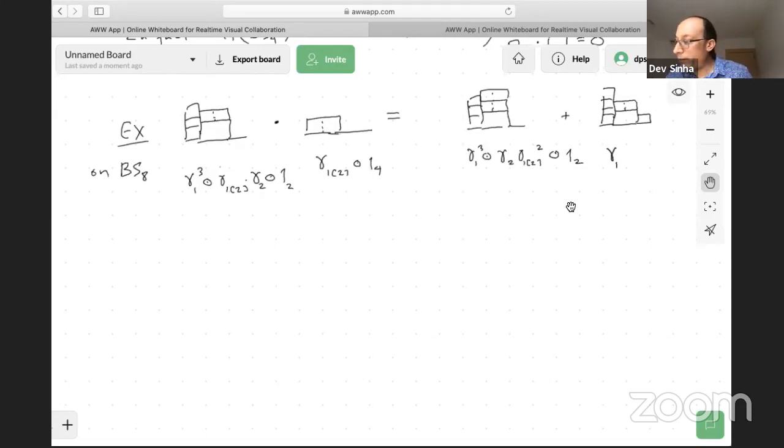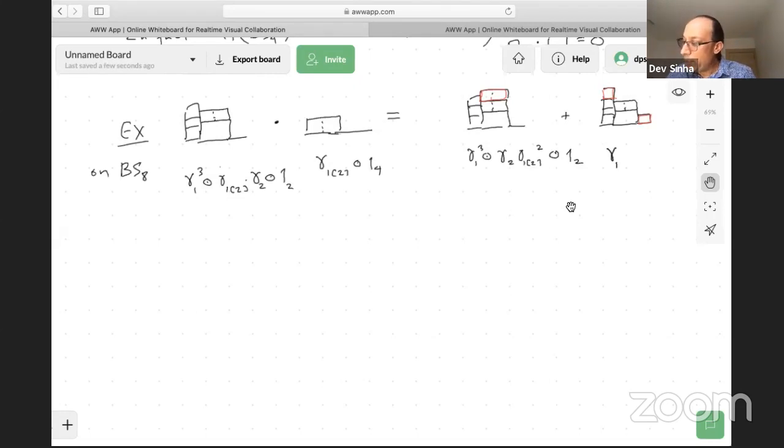Why doesn't that block want to? Let's just say where the gamma 1, 2 ended up. It can end up here, or end up here, if you will. But why doesn't it end up stacked on top of the middle at all? Well, I have that gamma 2 there, and that has no coproduct.